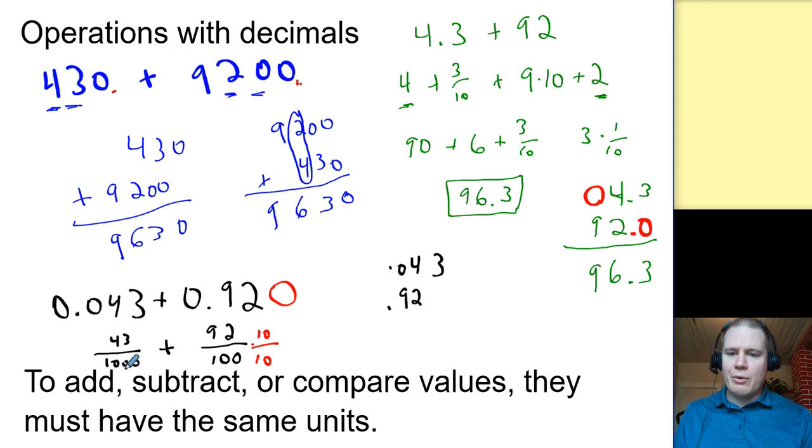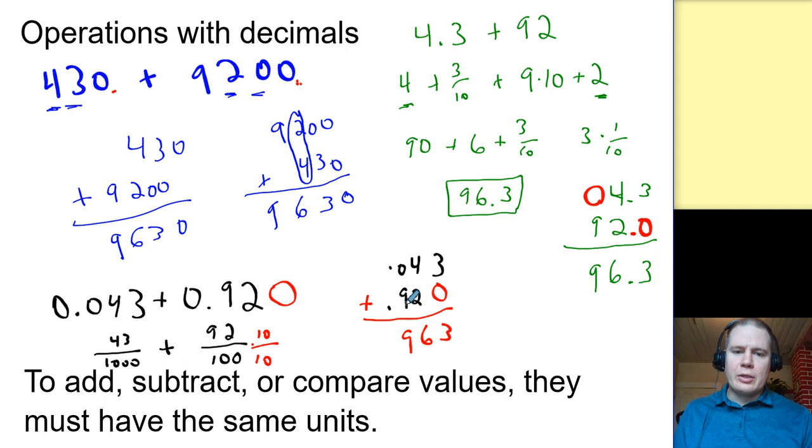100 times 10, now I have thousandths. 92 times 10, I can think of this as 920 thousandths. 0.920, 920 thousandths. Now I can add them up. 3 plus 0 is 3, 4 plus 2 is 6, 0 plus 9 is 9.